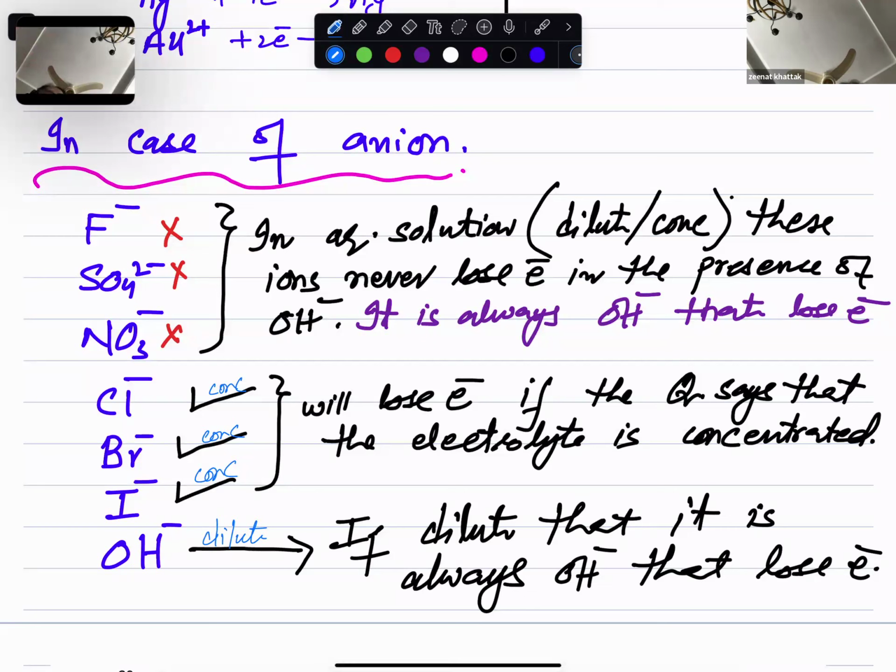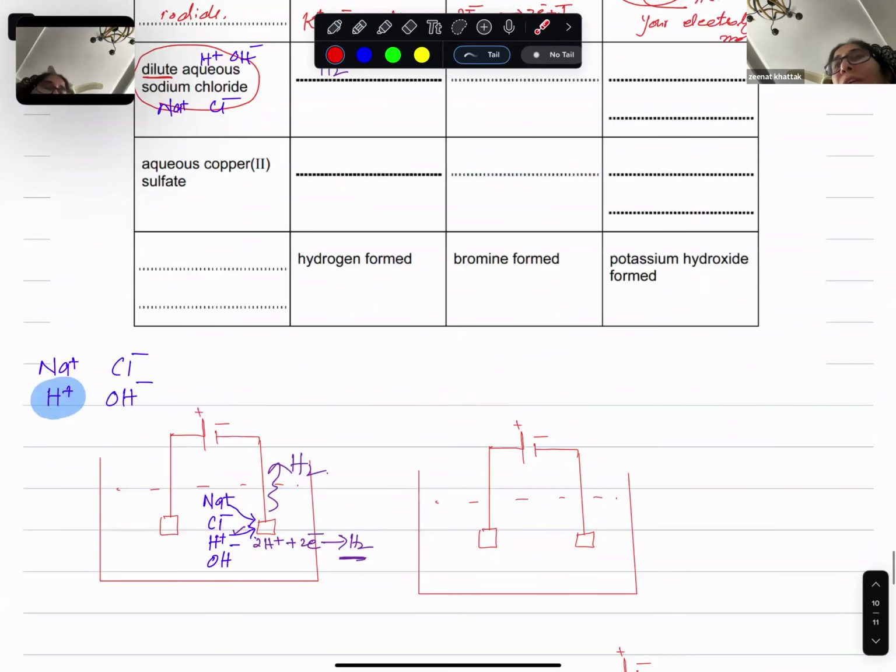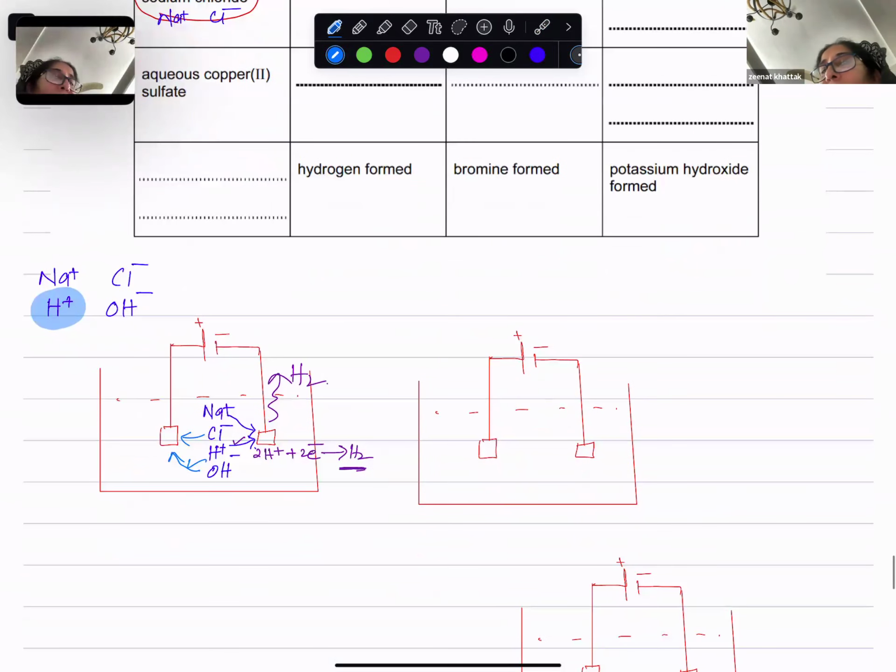So if there is competition between chloride and OH, and the question says dilute, then OH. If the question says concentrated, then chloride. So among chloride and OH in dilute, it is the OH.